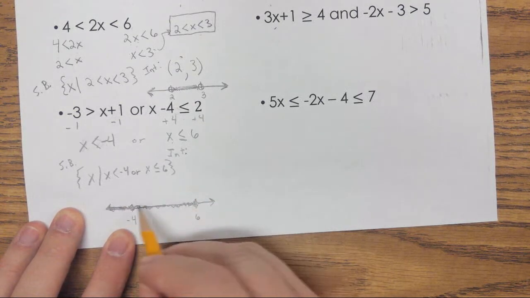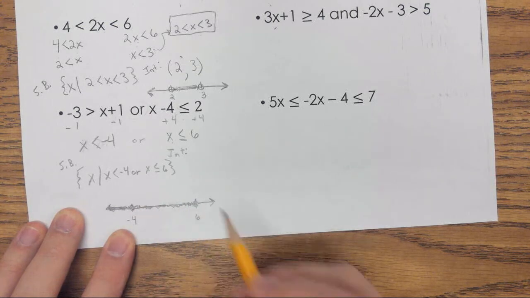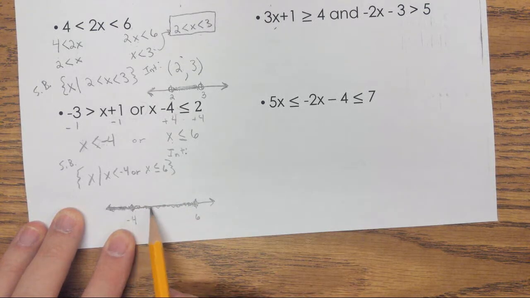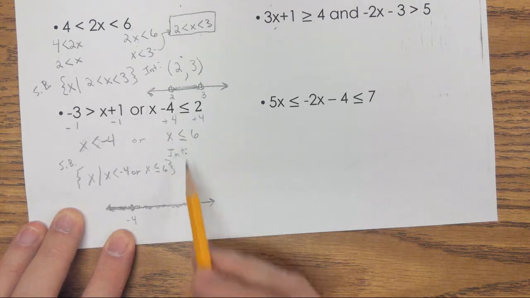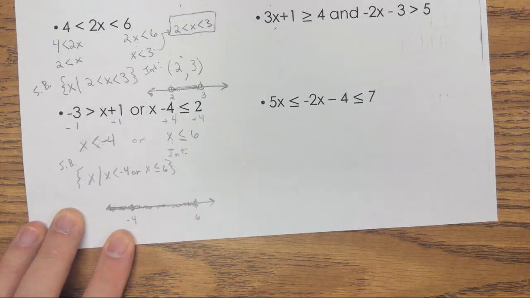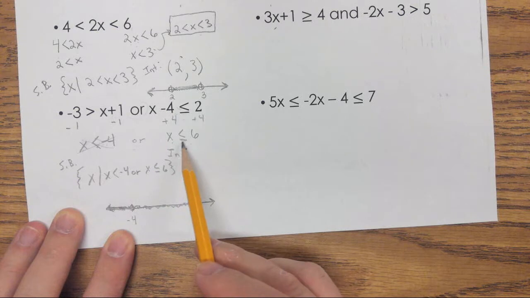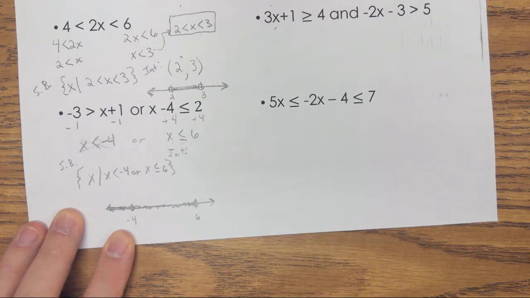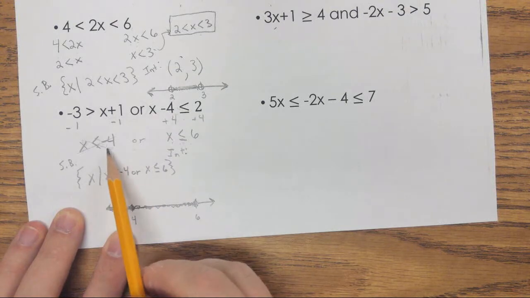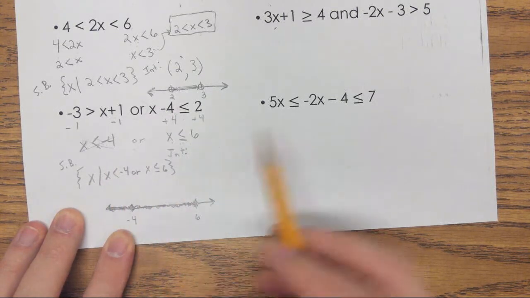So these two end up overlapping, and because this less than or equal to 6 ends up picking up that -4, and because this is or, I really don't care so much about that one because it's already included in this. Not only that, but that negative 4 gets picked up in this as well.